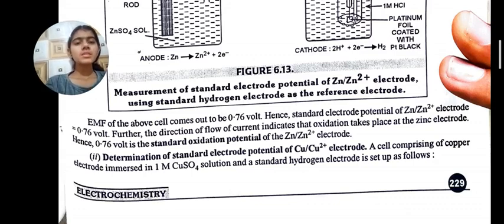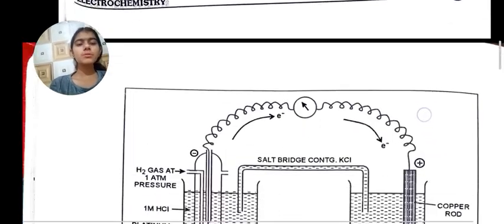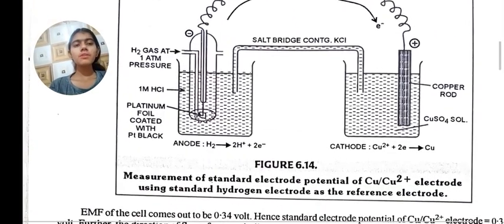Second example is the determination of standard electrode potential of the Cu2+/Cu electrode. A cell comprising a copper electrode immersed in 1 molar copper sulfate solution and a standard hydrogen electrode is set up as follows. Have a look at this diagram which shows the measurement of standard electrode potential of the Cu2+/Cu electrode using the standard hydrogen electrode as the reference electrode.